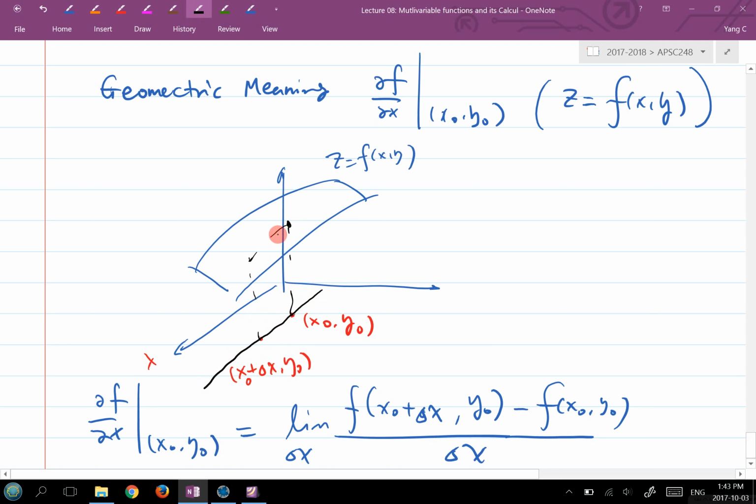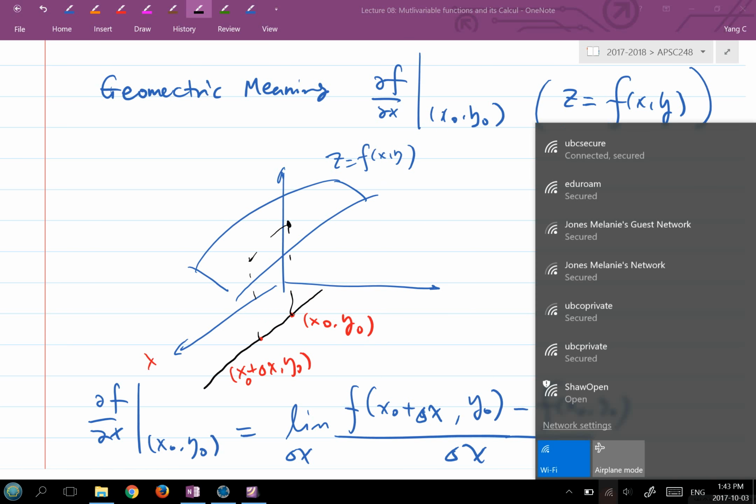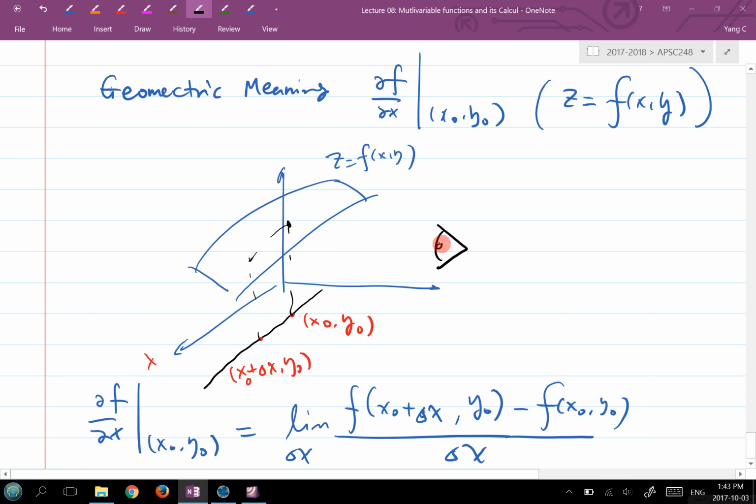Now, for this, your y is not changing. If I look into this direction here, what do you see?